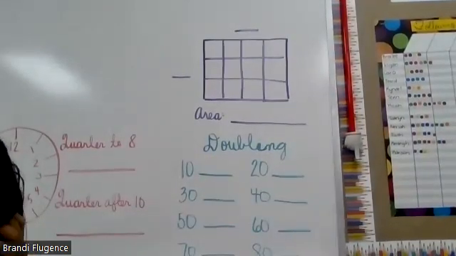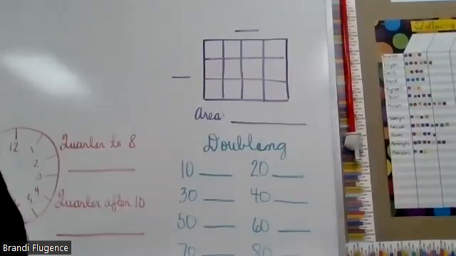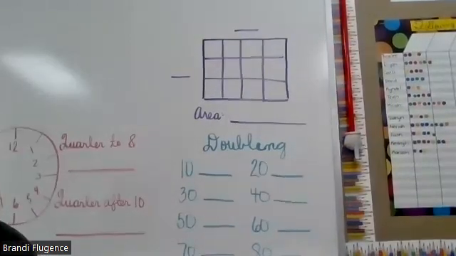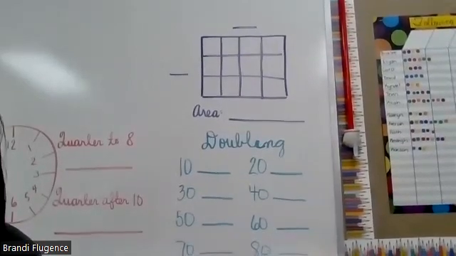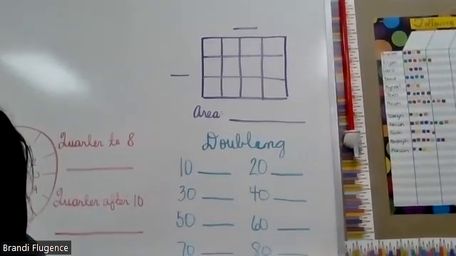It equals... I don't know. I don't remember. Okay, I'm going to need you to practice, okay? 3 times 7 is 21. Okay.